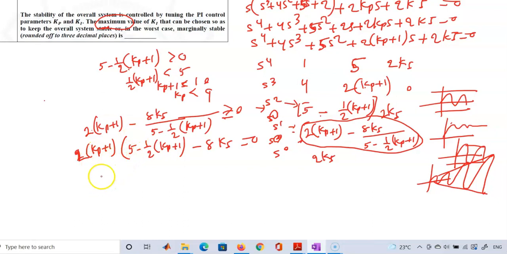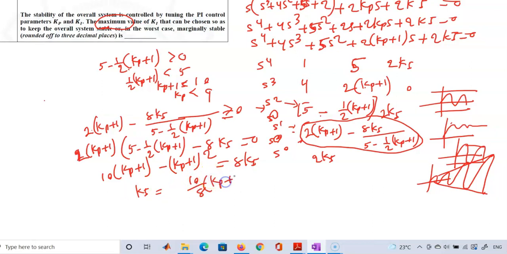So what we'll do here, multiply: 10 into kp plus 1 minus kp plus 1 square equal to 8 ki. So ki equal to 10 upon 8 kp plus 1 minus 1 upon 8 into kp plus 1 square.